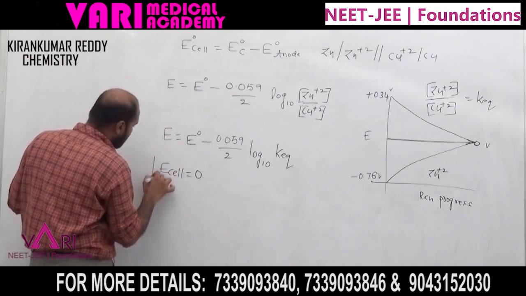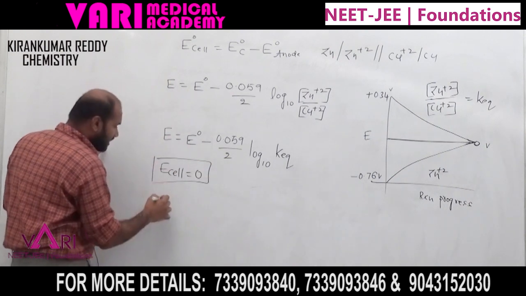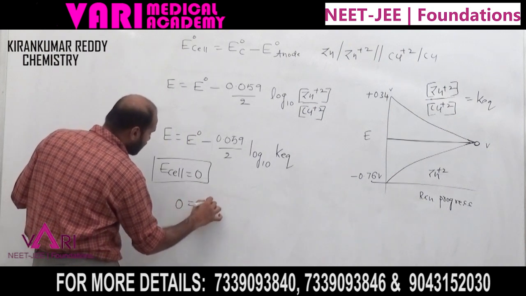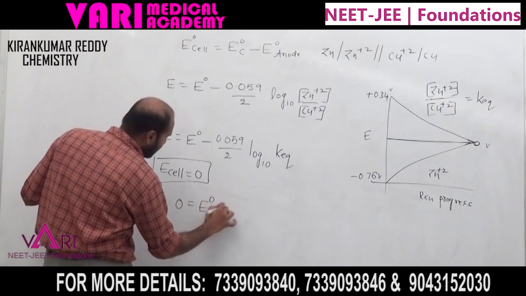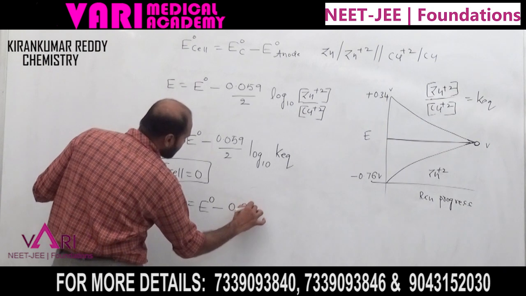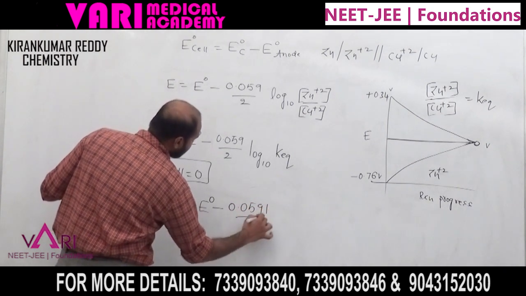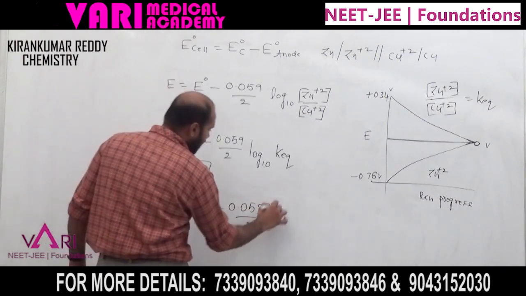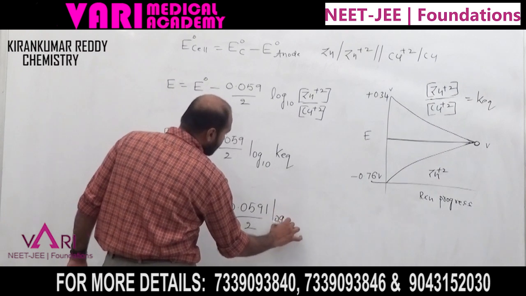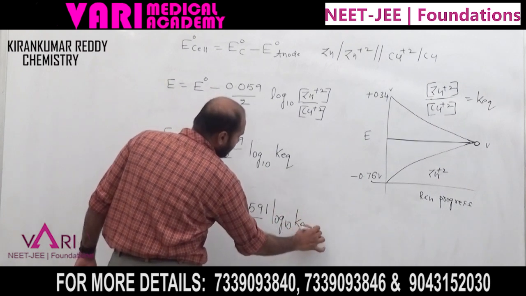This term is 0, so 0 is equal to E naught minus 0.0591 by 2 log to the base 10 K equilibrium.